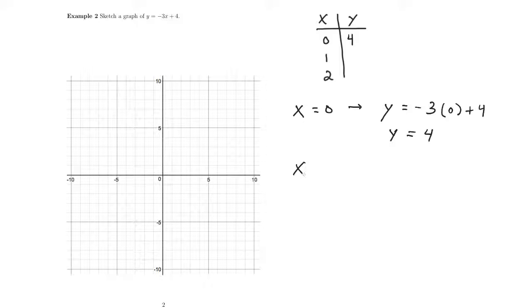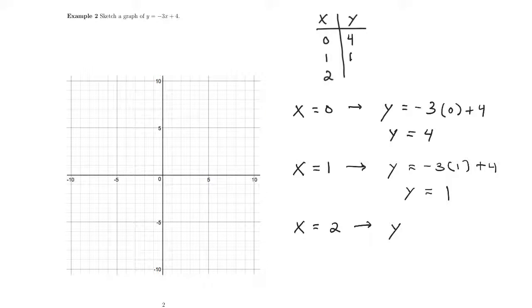So like if we say x is equal to 1, then let's see, my y value is negative 3 times 1 plus 4. So that's negative 3 plus 4, which is 1. So I'll place 1 right here. And then just to get the last one, we'll say x is equal to 2.